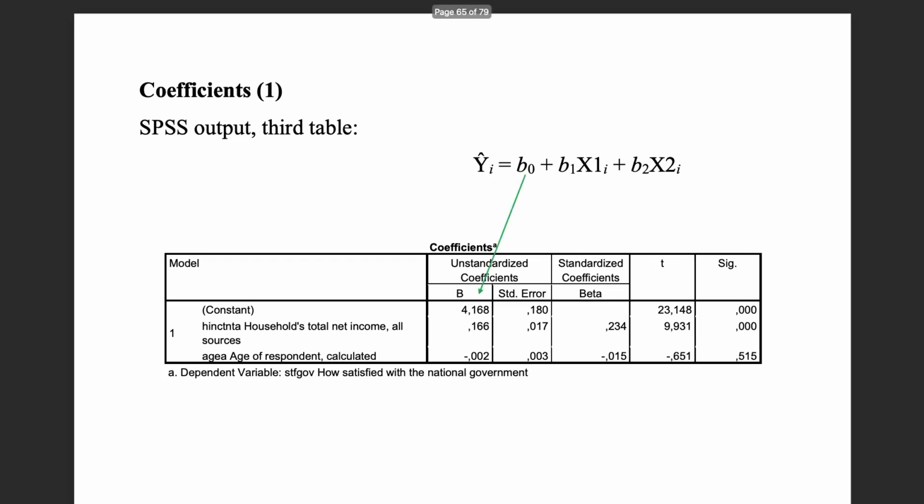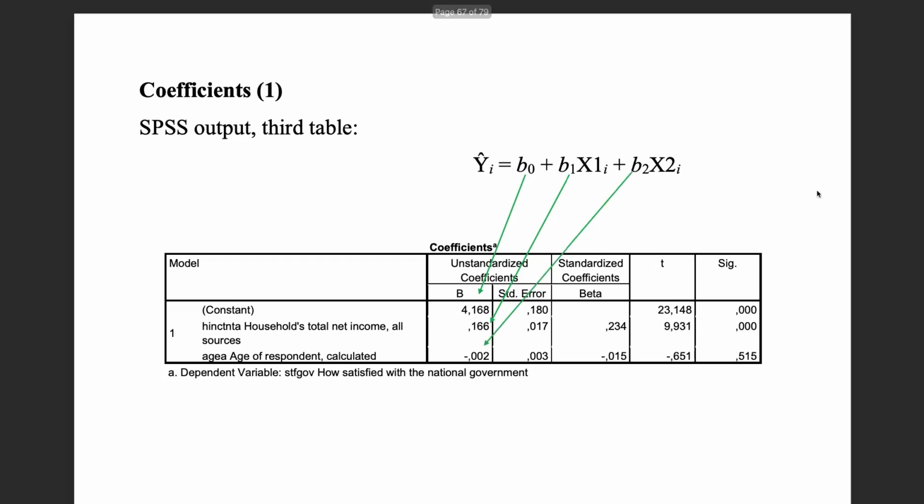Well, our B0, our constant value, is just the first coefficient that's listed after constant. So B0 is that value that we get after the unstandardized coefficient for the constant. Our B1 coefficient, in this case for x1, which was our income variable, that was our first x variable, is going to be the one that is listed after that specific variable. So in this case, it's the second unstandardized coefficient we get in the table.